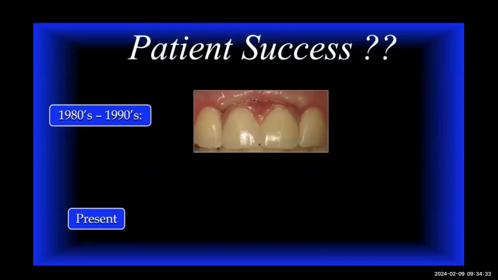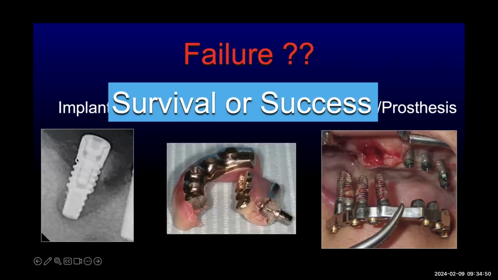The problem that we have moving forward in dentistry, which I think is a huge, huge problem, I see it all the time in the medical legal arena, is we knew back in the early days, in the 80s and 90s, that this was a failure. We looked at it and said, okay, we have a failure. The implant's in the mouth, but you can't put a prosthesis on it.